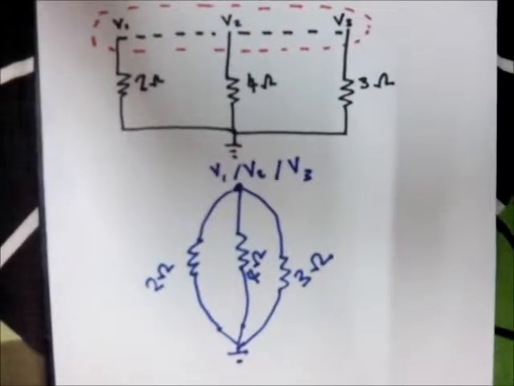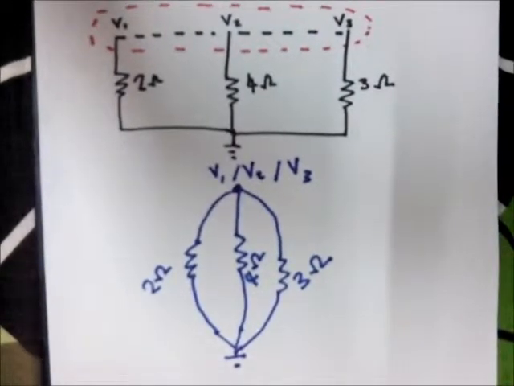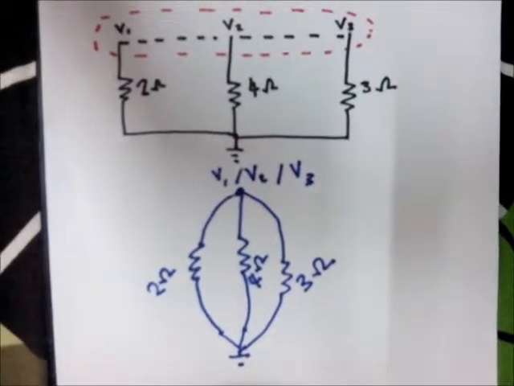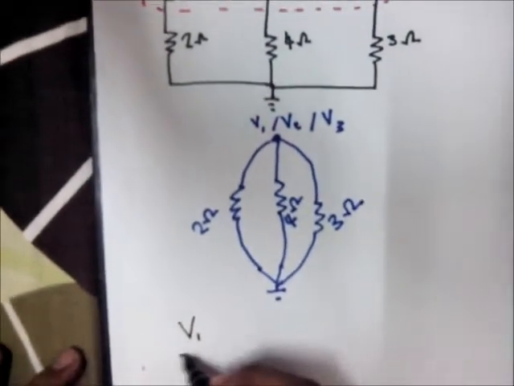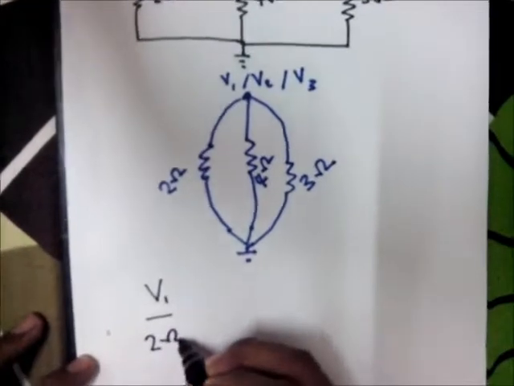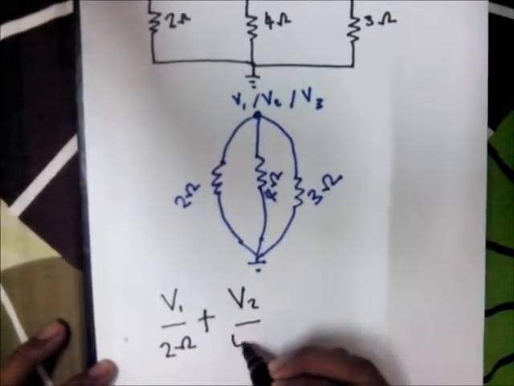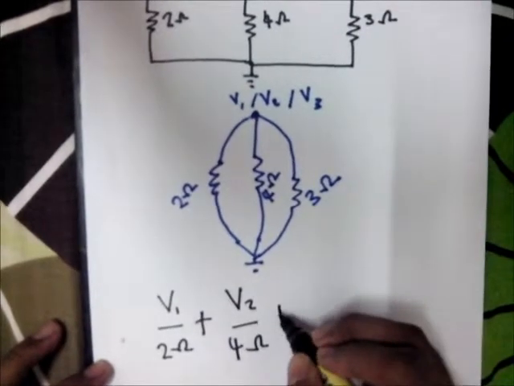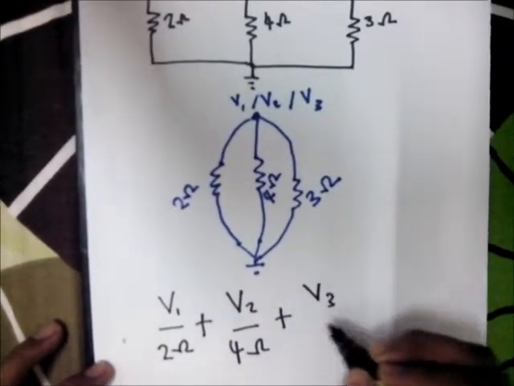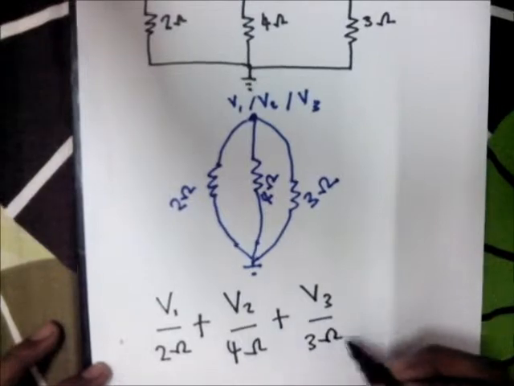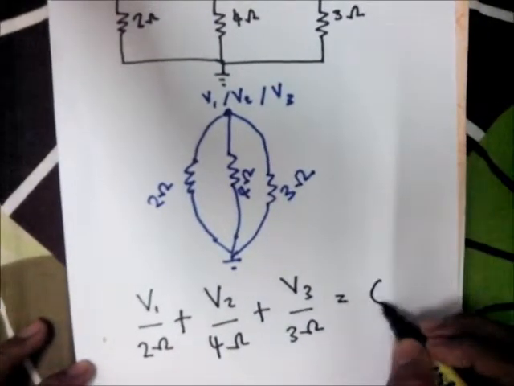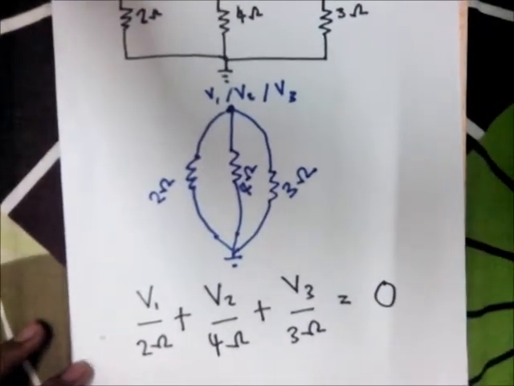So the equation that we get from this formation of the circuit is V1 over 2 ohms plus V2 over 4 ohms plus V3 over 3 ohms equals 0.